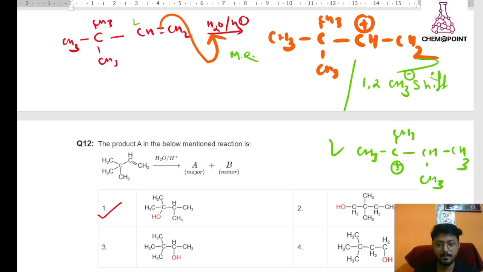That positive charge is more stabilized by 7 alpha hydrogens. In the earlier case, they have only 3 alpha hydrogens. Dear student, please tell me, is 7 alpha hydrogen more stabilized? Definitely, that's why rearrangement occurs. The carbocation rearranges from less stabilized to more stabilized.